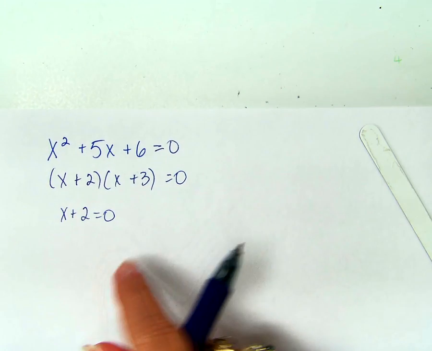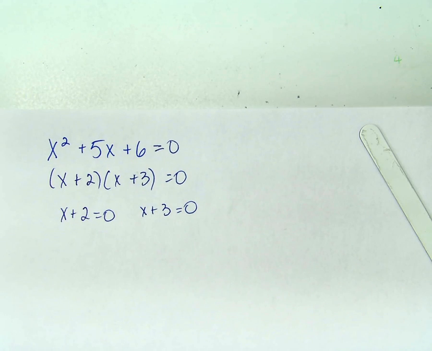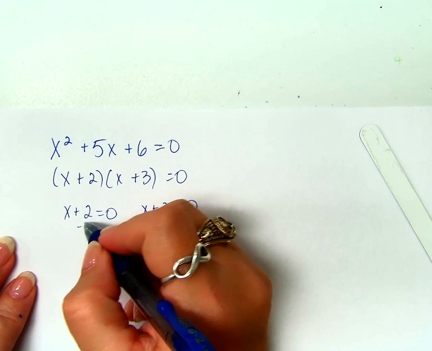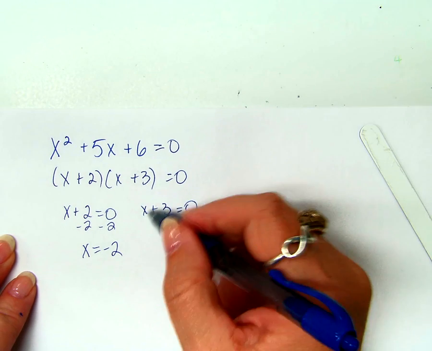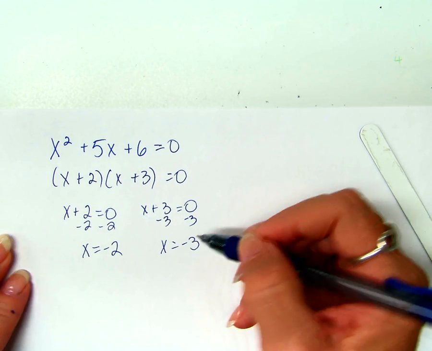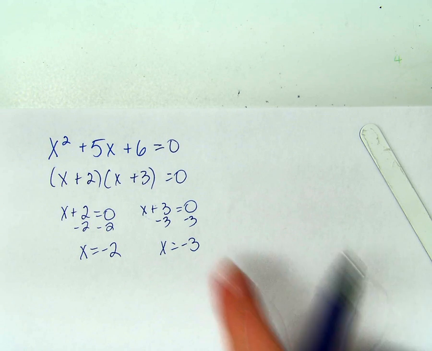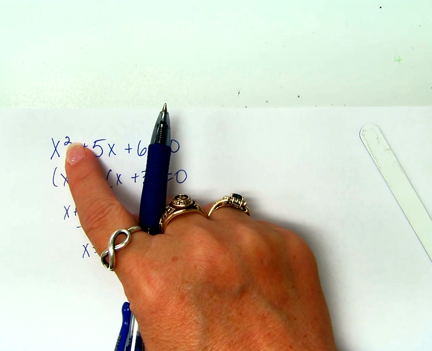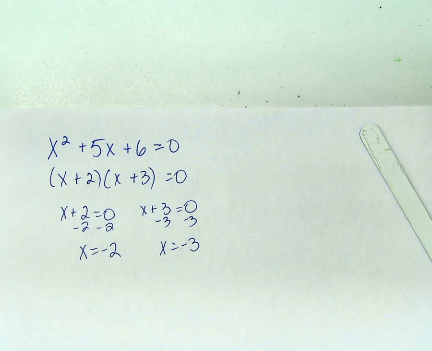And I set each factor equal to 0. So when I go to solve this first one, I get x equals negative 2. And when I go to solve this second one, I get x equals negative 3. And here's the reason why we had to set both of them equal to 0. Because my highest exponent is a 2, so I need 2 answers if I can get 2 answers, right?